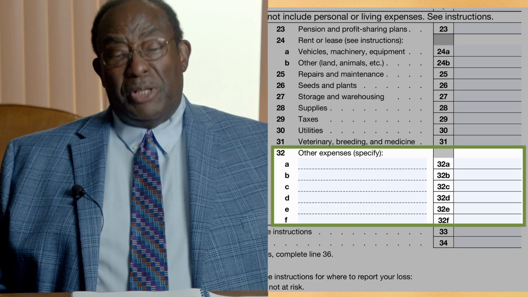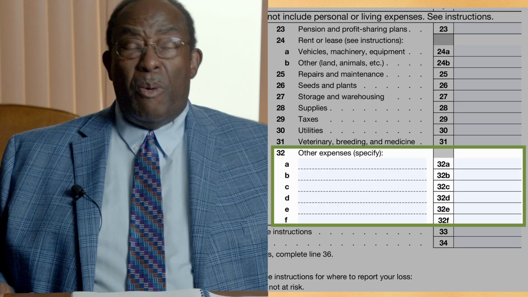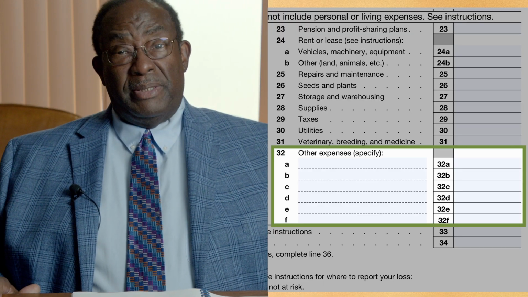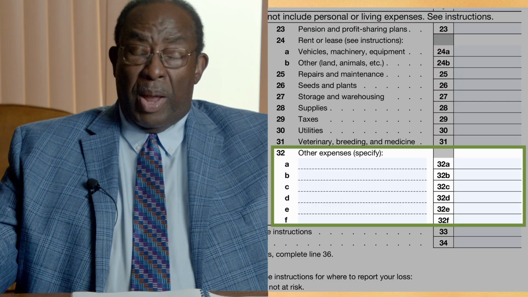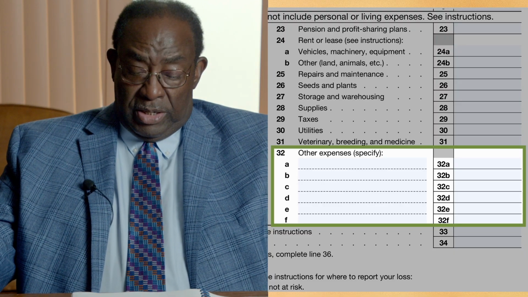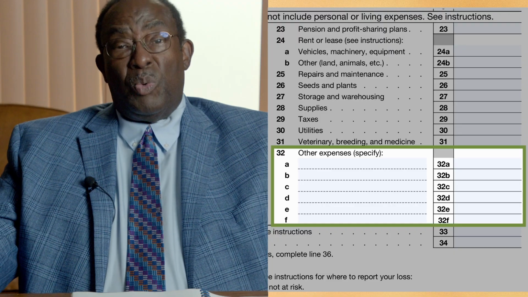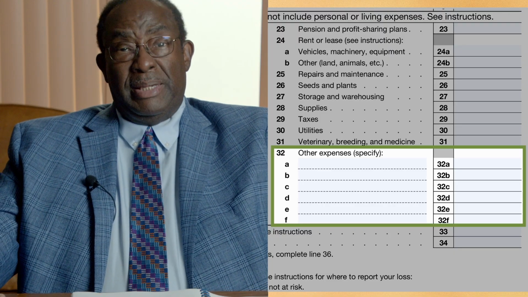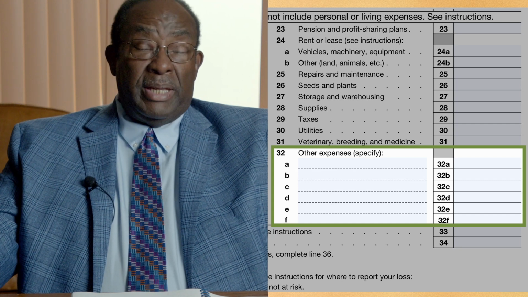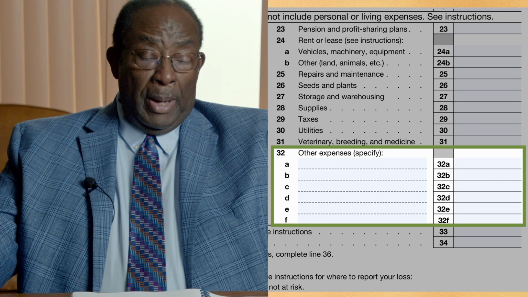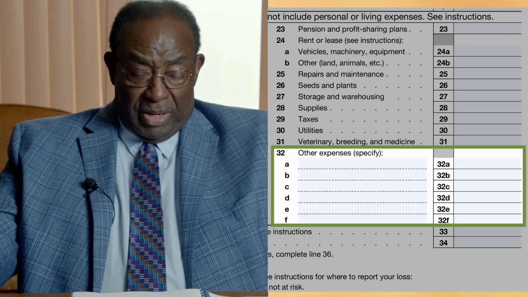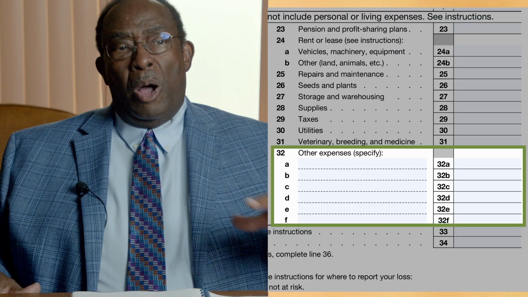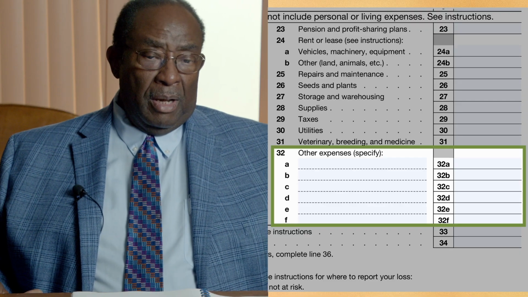If you have any other expense that's not listed anywhere else on this form, then you write it in. You give it to your accountant and he'll write it in, if you're not doing your tax return yourself. But it's going to be kind of difficult to have other expenses that are not listed. Usually they have gone through all the details and all the expenses that you might have are listed.